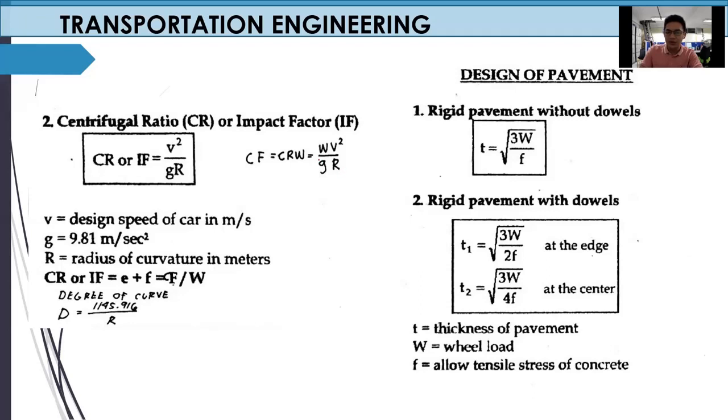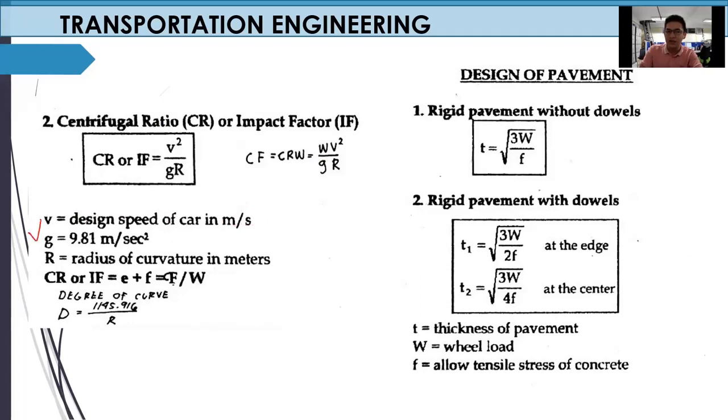Okay. Sorry. This is your centrifugal ratio, while this one is a force. This is centrifugal force. Okay? So, in kilonewton yun siya. So, V is equivalent to design speed of car in meter per second.